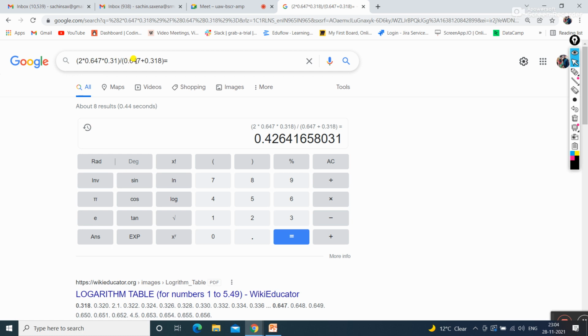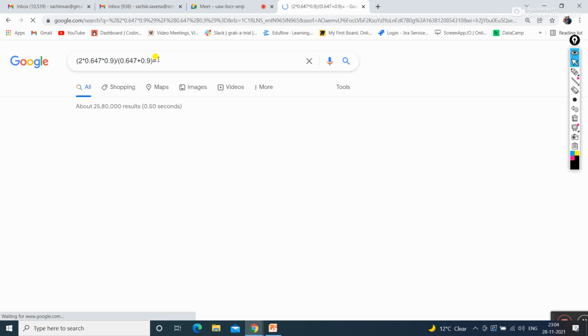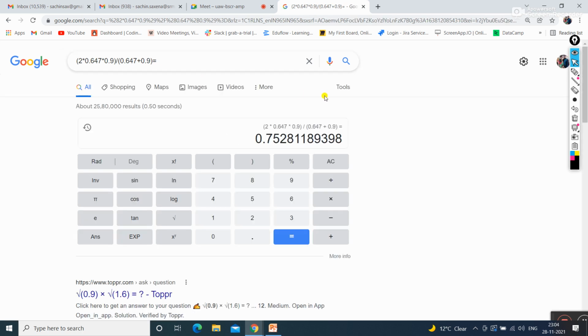Okay, so let me change the value of the second term. That is 0.9, let's say. So this is increasing, right? If I have a 0.9 value, this is also increasing.